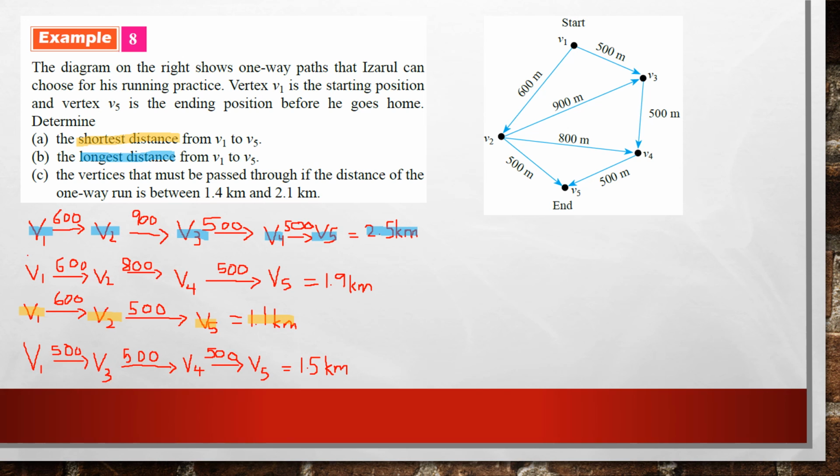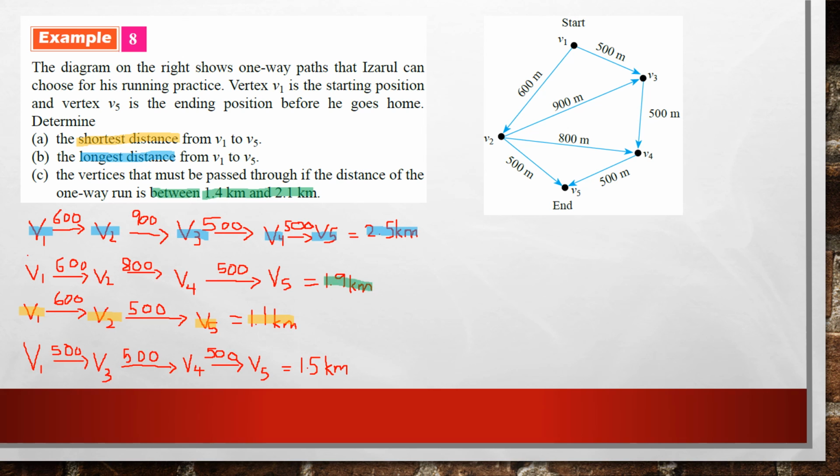Then next, for part C, the vertices that must be passed through if the distance of the one-way run is between 1.4 kilometer and 2.1 kilometer. So what is the distance that is between 1.4 and 2.1?